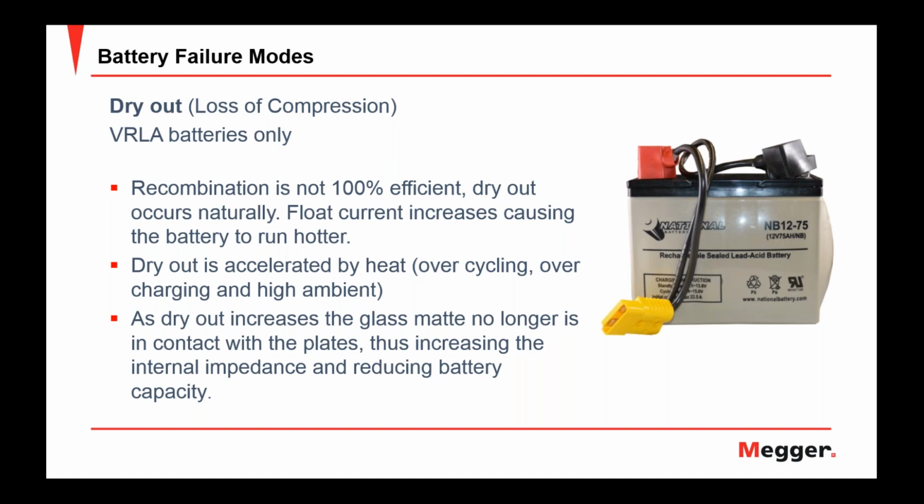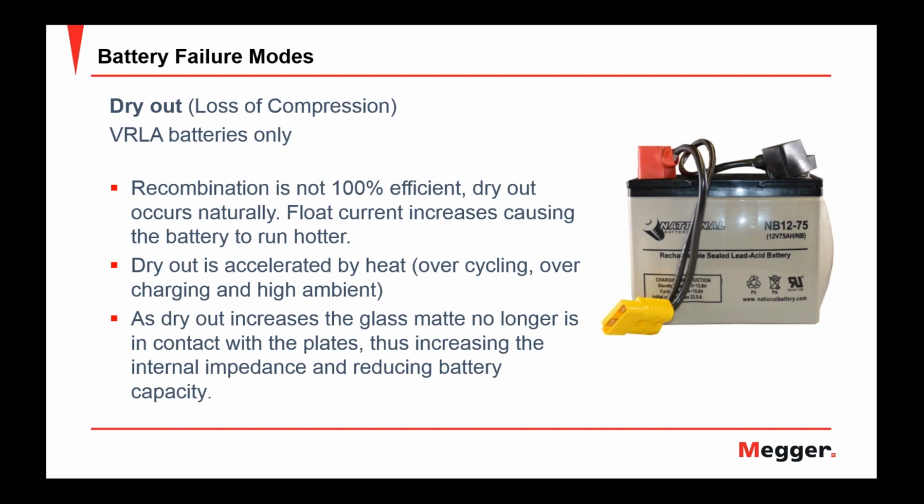Dry out, or loss of compression. Now, this is specific to VRLA batteries, sealed batteries, or what we call maintenance-free. As I said before, as these batteries discharge, they create hydrogen, and oxygen gets routed over to the negative plate, and a recombination effect occurs to recreate the water in your electrolyte, so you don't add water to them.